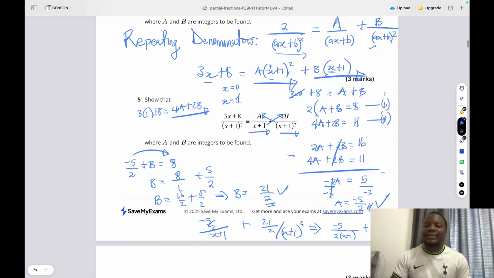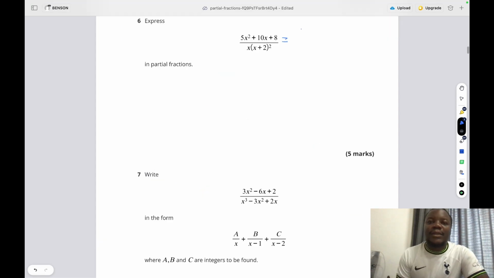So let us look at another example on partial fractions. Look at this one here. You can see the base is x to the power 3, and at the top is x to the power 2, so we don't need to look at the order of these two expressions. We're just going to decompose this. The first one is going to be a over x, then this is a repeating denominator, so it's going to be b over x plus 2.